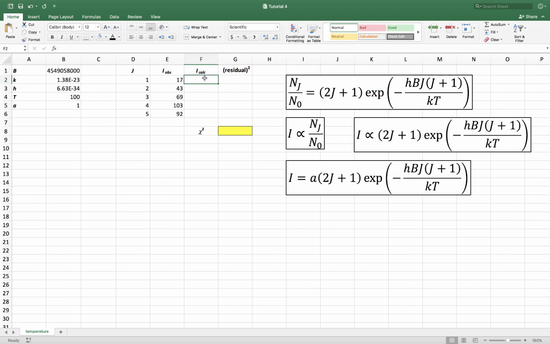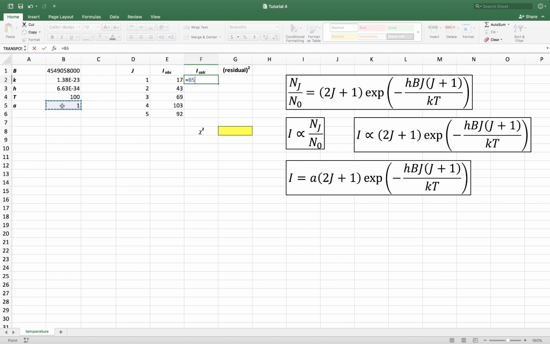Right, well now I need to have my calculated value for the intensity. And for the calculated value of the intensity, I use this model expression here, and I use trial values for the temperature and the constant of proportionality. So let's introduce our model expression.